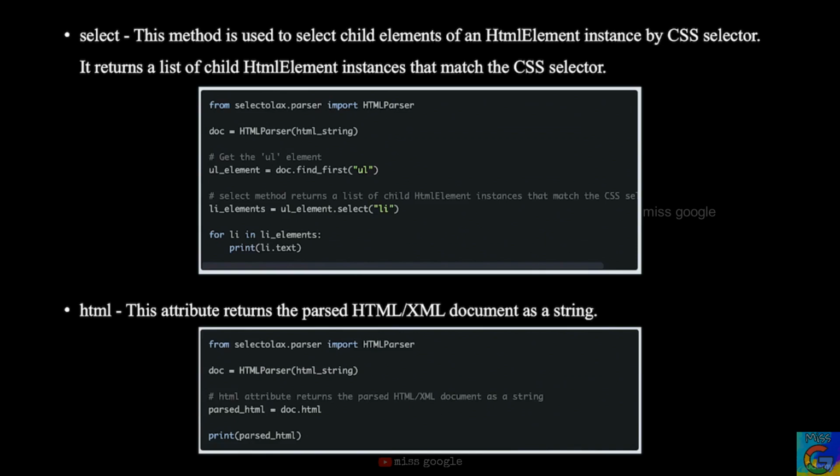And the next is the HTML attribute. Now this attribute, amongst many others, the HTML attribute, for example, returns the parsed HTML or XML document of the string, so the entire HTML document.